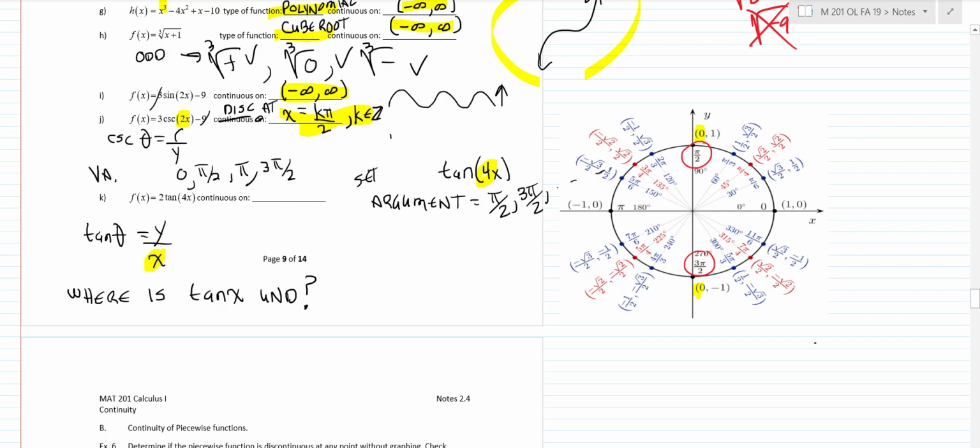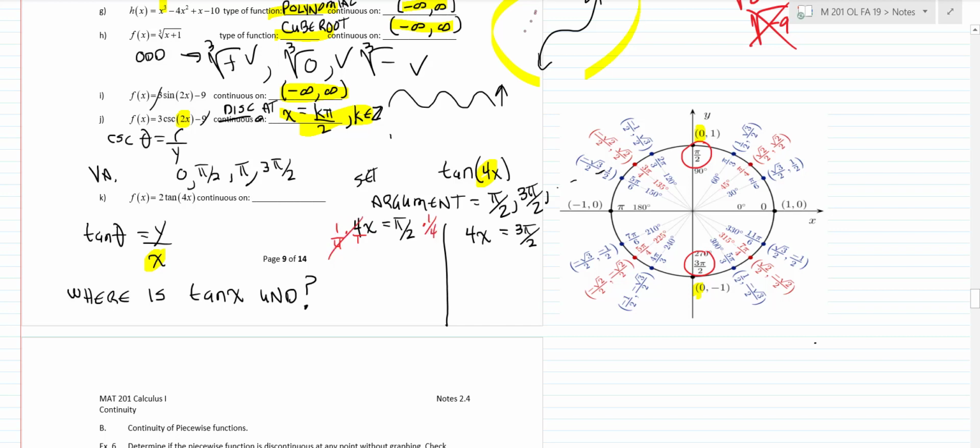Generally, if you can figure out 2 asymptotes, then you can figure out the pattern. So I'm going to solve the equation 4x equals pi over 2, then solve the equation 4x equals 3 pi over 2. Solve the equations and you'll get new asymptotes. Instead of dividing by 4, I'm going to multiply by a fourth.